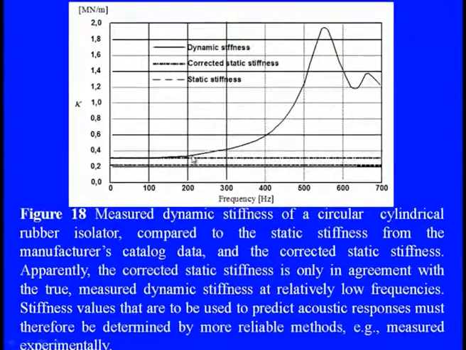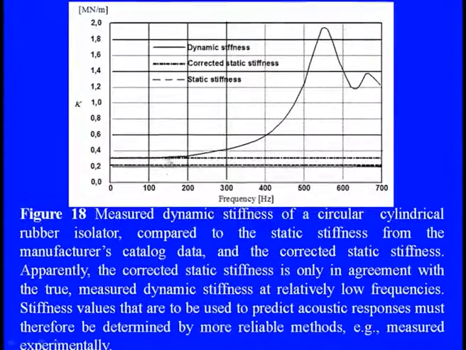So in this, the measured dynamic stiffness of the circular cylindrical rubber isolator shows that when we compare the two, the static stiffness from the catalog data, there is a variation in the dynamic stiffness at the higher harmonics.